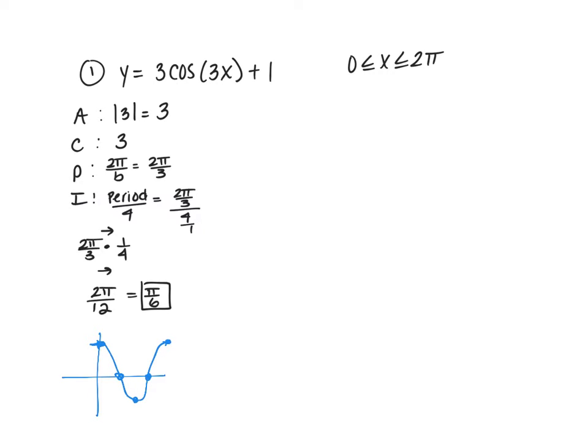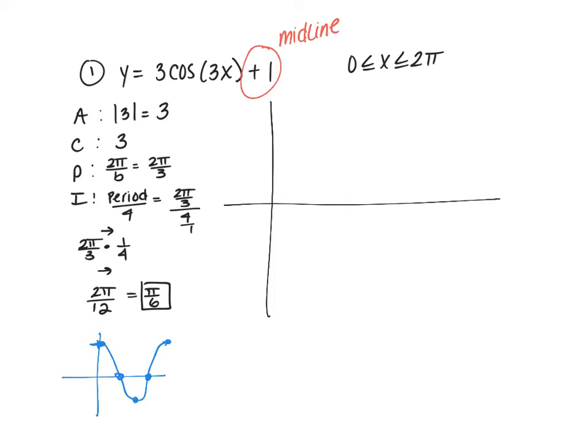So just like we did yesterday, we're going to have to set up our picture. And it looks like my new midline is up at 1. So I'm going to go 1 tick mark up and draw in my new midline. So if it helps, we can write midline.